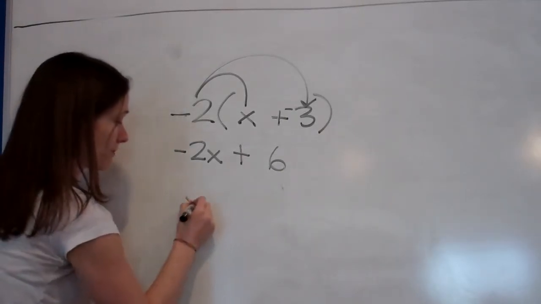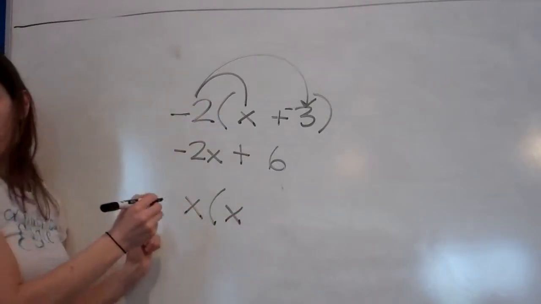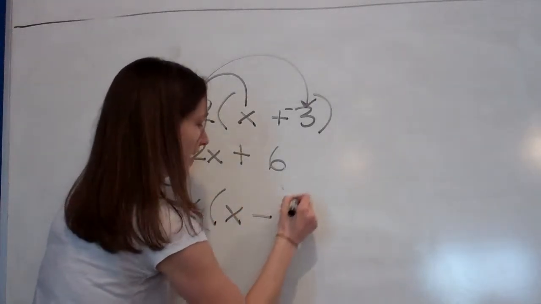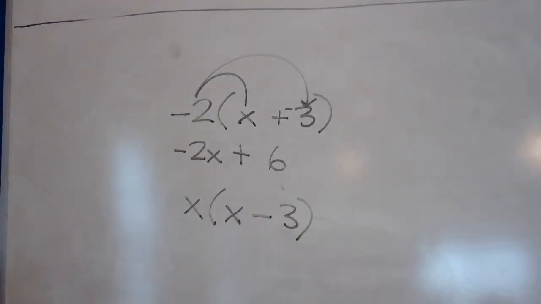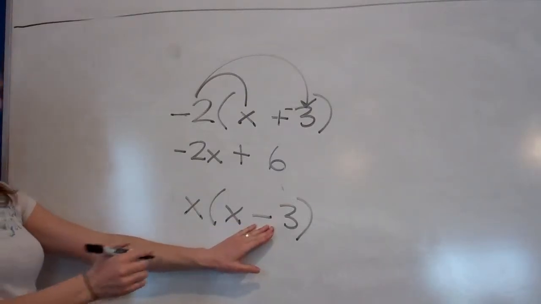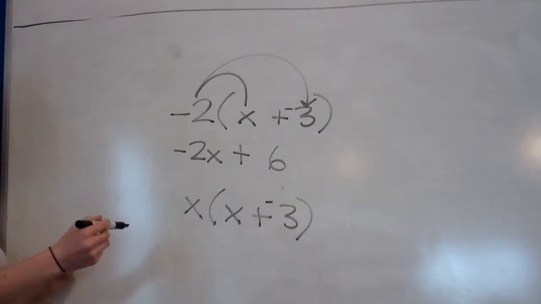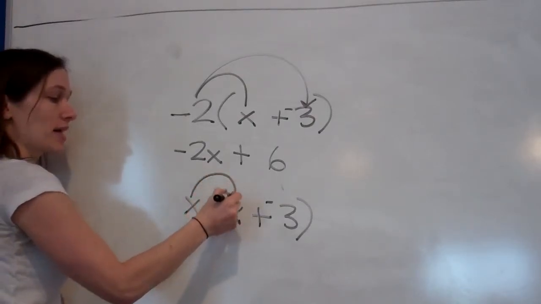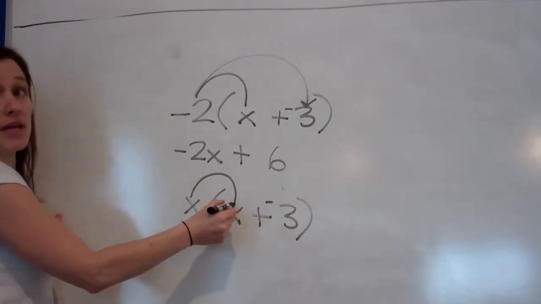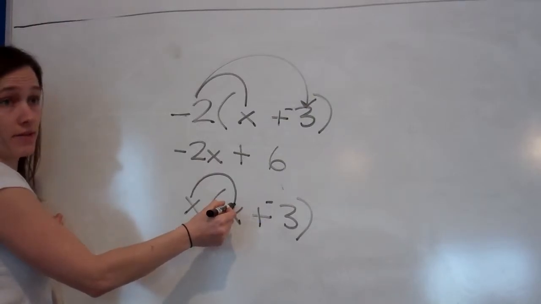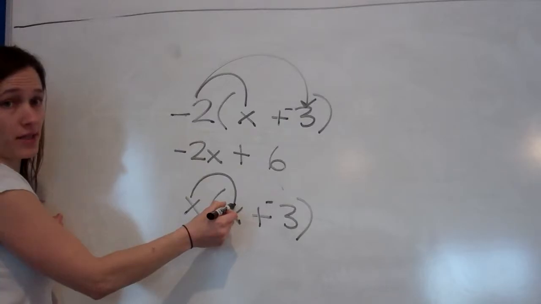And lastly, this is probably the hardest one, so pay attention. What am I going to do with this minus? Make it a plus negative. Now, when you multiply x times x, it becomes x squared. It's not 2x. That's if you're adding x's.